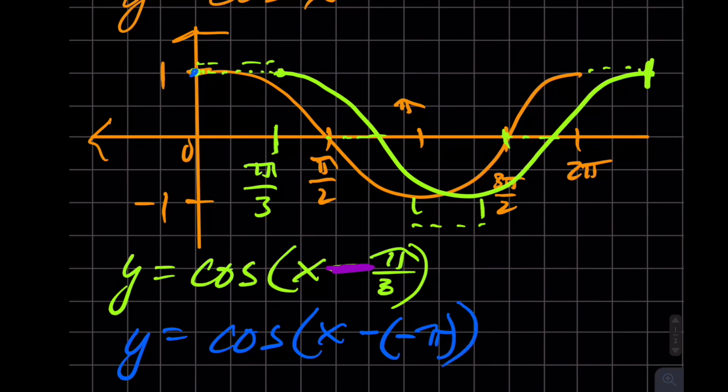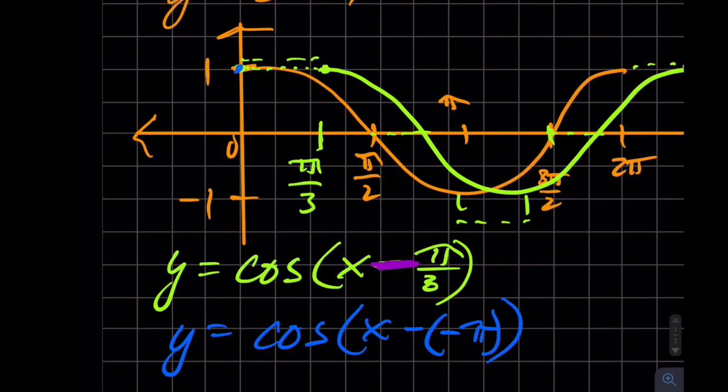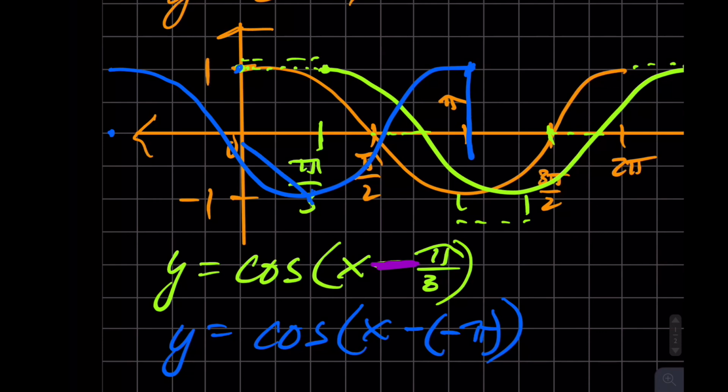Then that means this point's going to shift to the right a total distance of pi, which means we kind of have to go way over here. I'm not crossing over the right values, but this would be at pi, and really it should be over here at the 0. Everything's going to be shifted a distance of pi.